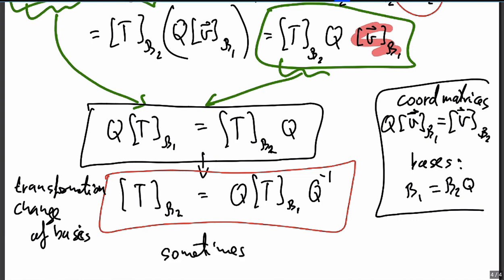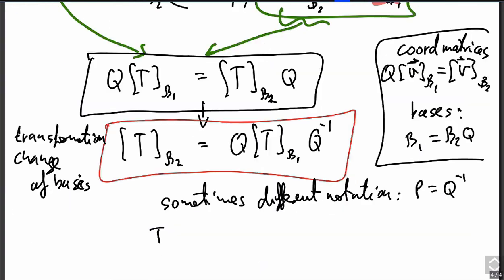Sometimes a different notation is used where we have P equals Q inverse. Then the same formula has the form P inverse times T in B1 times P results in the matrix of transformation T in basis 2.